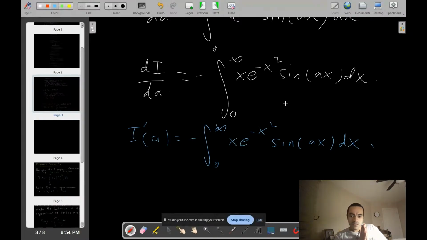Now, does anyone know what we should do with this integral? Capital I prime of A is minus this improper integral of x e to the negative x squared sine of ax dx. That can be pretty annoying.